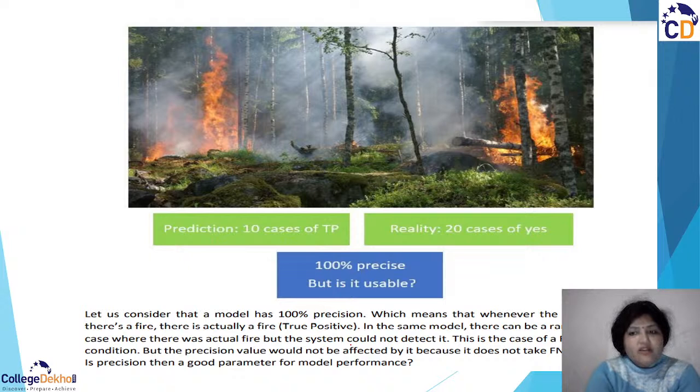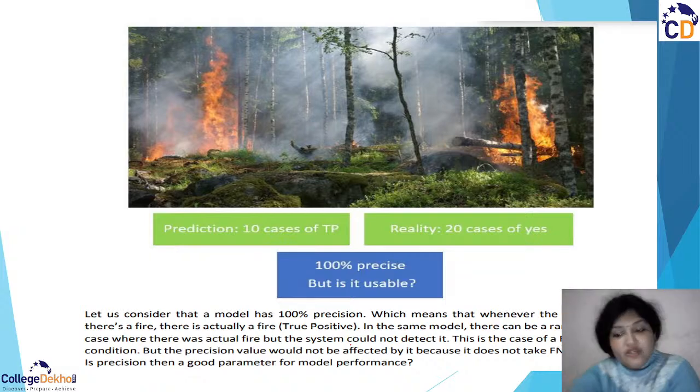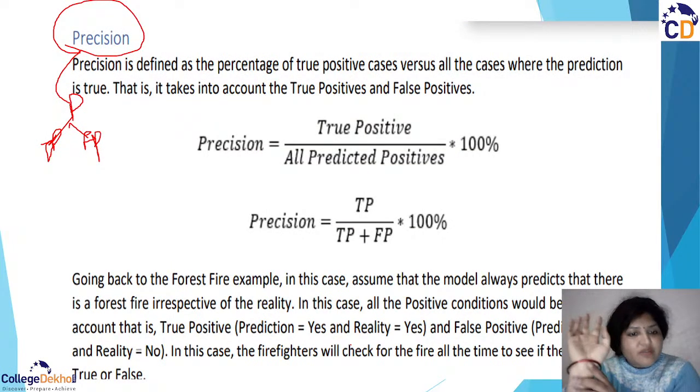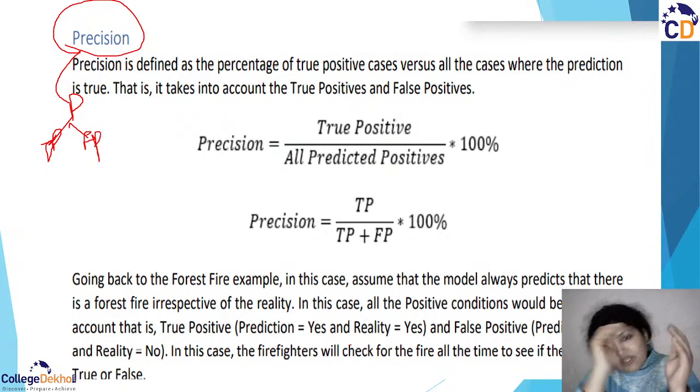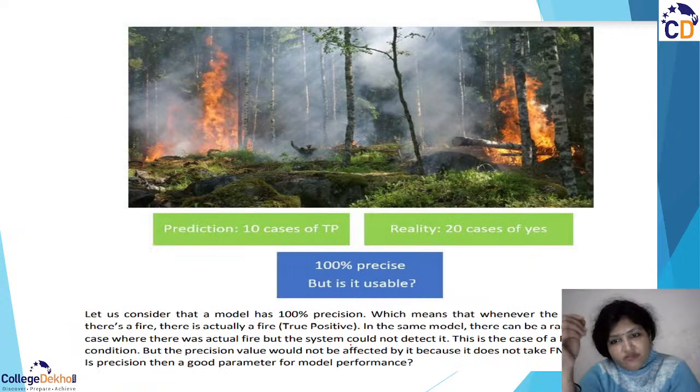In the same model, there can be a rare exceptional case where fire was actual, but the system could not detect it. This is the case of a false negative condition, but the precision value would not be affected by it because it does not take FN. I told you, no, it talks about only the positive part. Where is the negative? Whether it is false positive or true positive, it is only concentrating on the positive part.